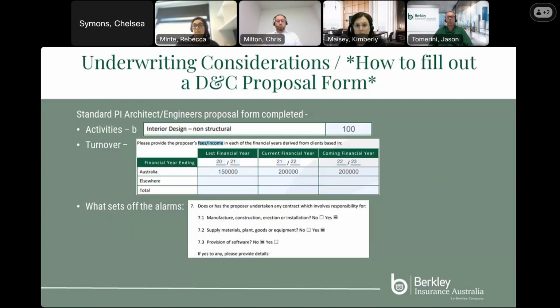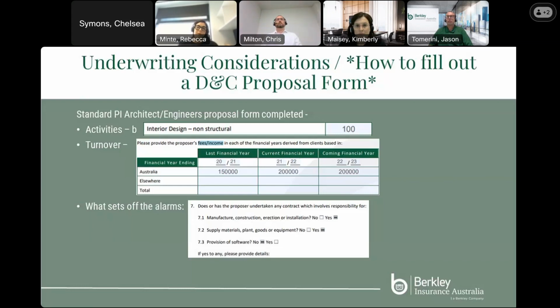You should go back to the client if they've answered any of these questions in the affirmative and ask for more details on the work they are actually doing, including what materials they are supplying and what construction work they might be involved in. Once you have that information, you can confirm with the client what their turnover is, or what the total billings might be for those complete activities, not just their perceived fee income.